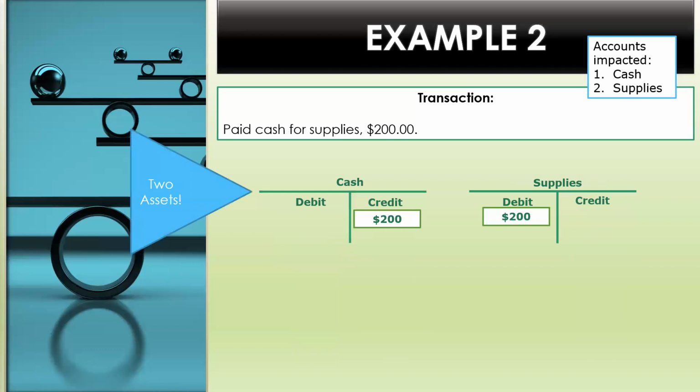Let's go through another example. Business transaction. Paid cash for supplies in the amount of $200. This business transaction impacts the accounts cash and supplies. If you'll notice, this business transaction impacts two assets, and that's okay.